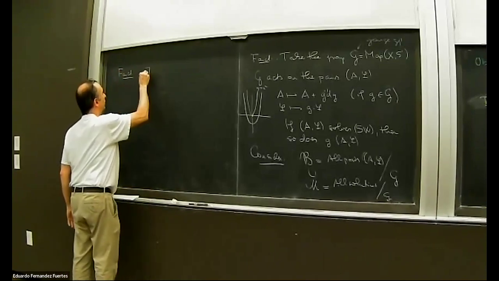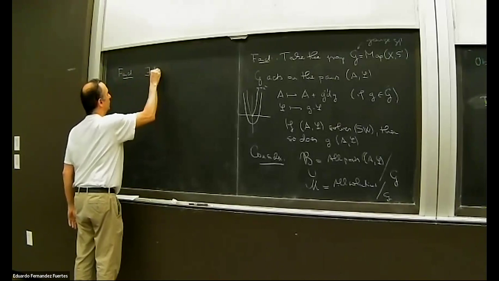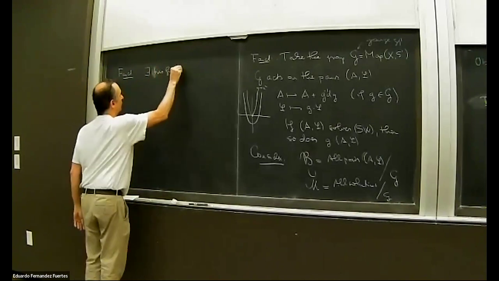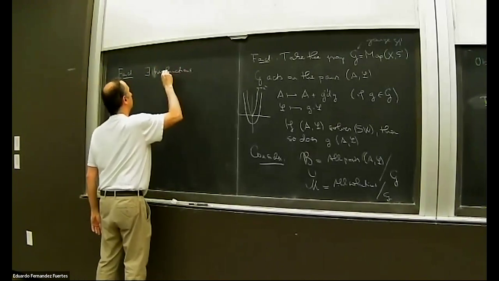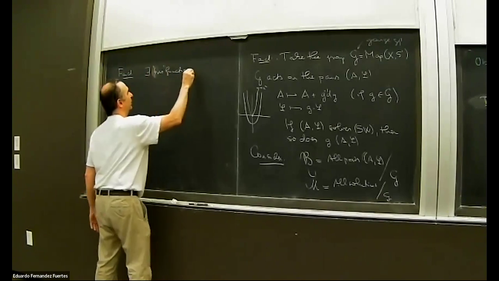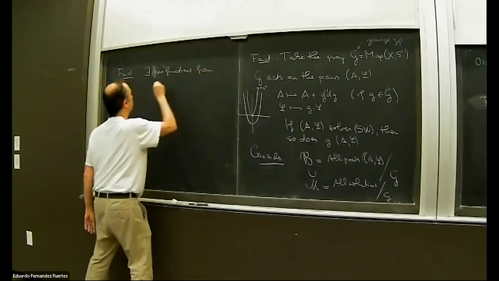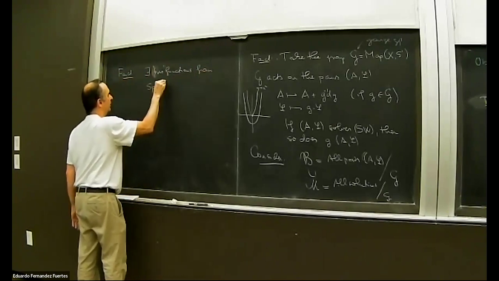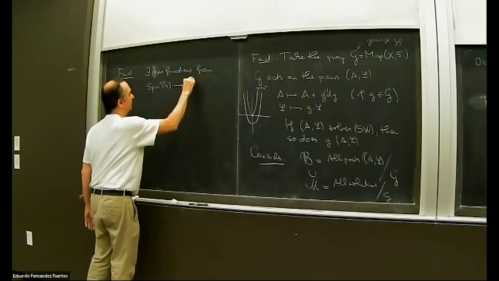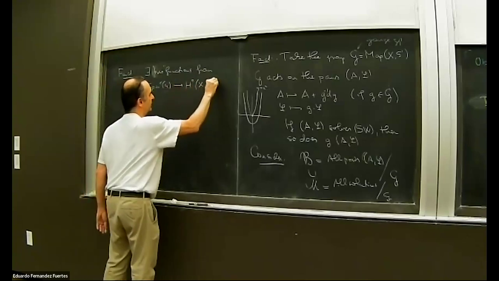So there are two functions, two in quotation marks, from Spin^C of X to H^2(X; Z).